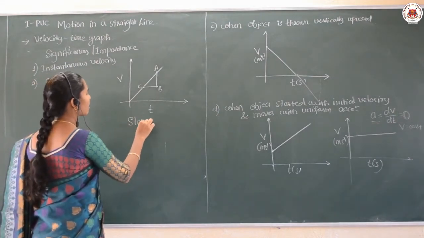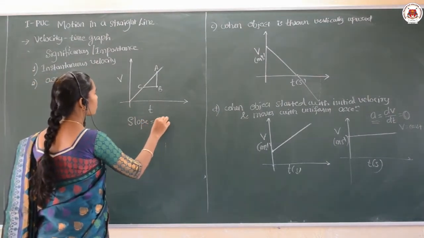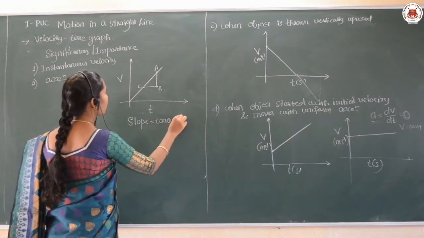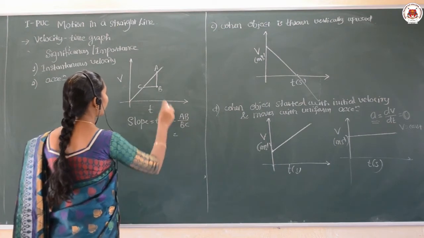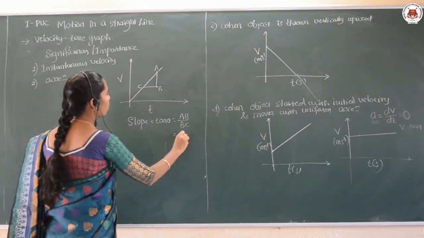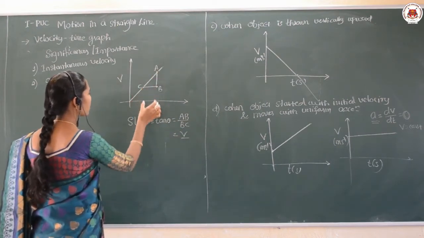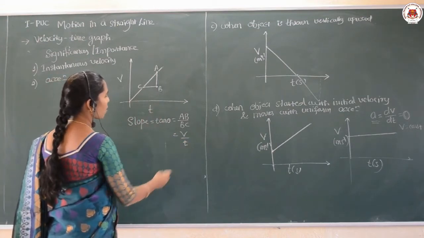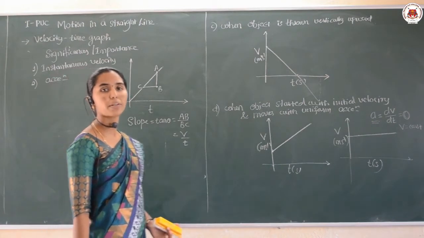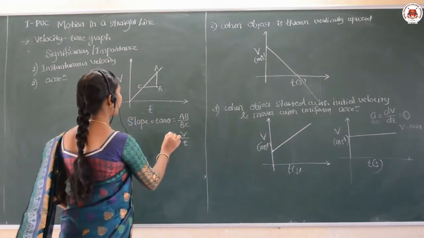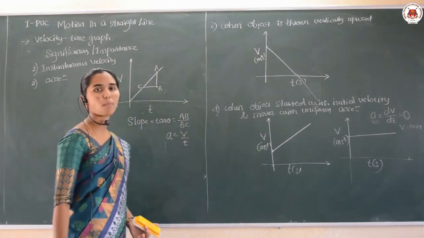If I take the slope here, then that comes to tan theta, which is AB divided by BC, right. AB is related to the velocity component. BC is related to the time component. If the velocity changes with the time, which quantity is obtained? Acceleration of the body can be obtained.